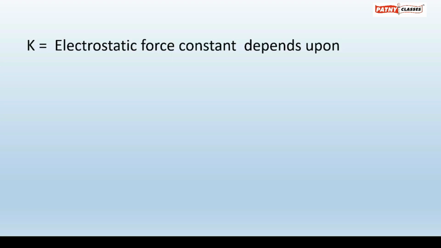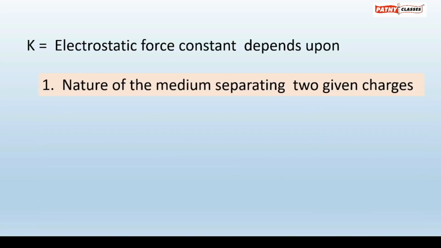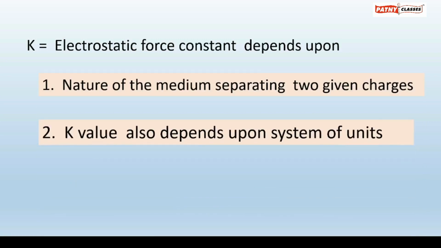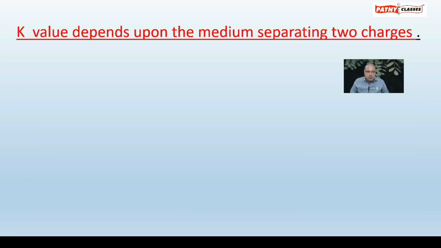Thus, electrostatic force constant depends upon the nature of medium separating two given charges. K value also depends upon system of units. K value depends upon the medium separating two charges.